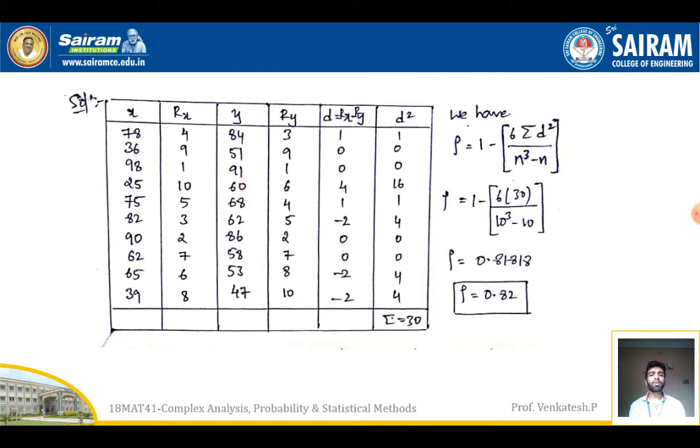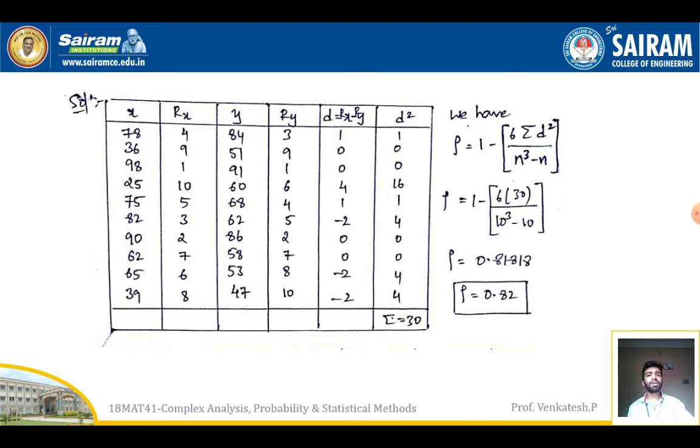Now that we have the ranks, we can find the differences. Finding Rx minus Ry, I get 1, 0, 0, 4, 1, minus 2, 0, 0, minus 2, minus 2. Squaring all the differences, I get 1, 0, 0, 16, 1, 4, 0, 0, 4, 4. Summation d square is equal to 30.